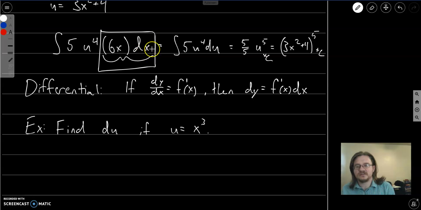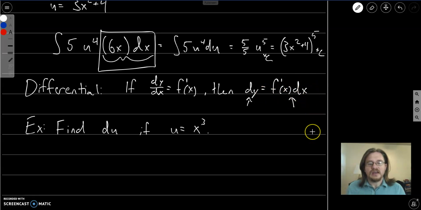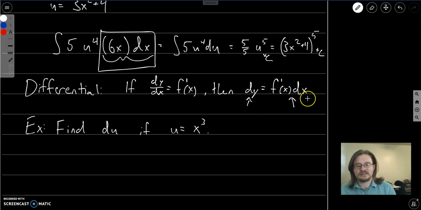A differential is what this dx is called. And to find a differential, it's pretty easy. If dy dx, the derivative of y, is the derivative of this function f of x, then dy itself is just going to be that derivative times dx. What it looks like is I'm multiplying both sides by dx.